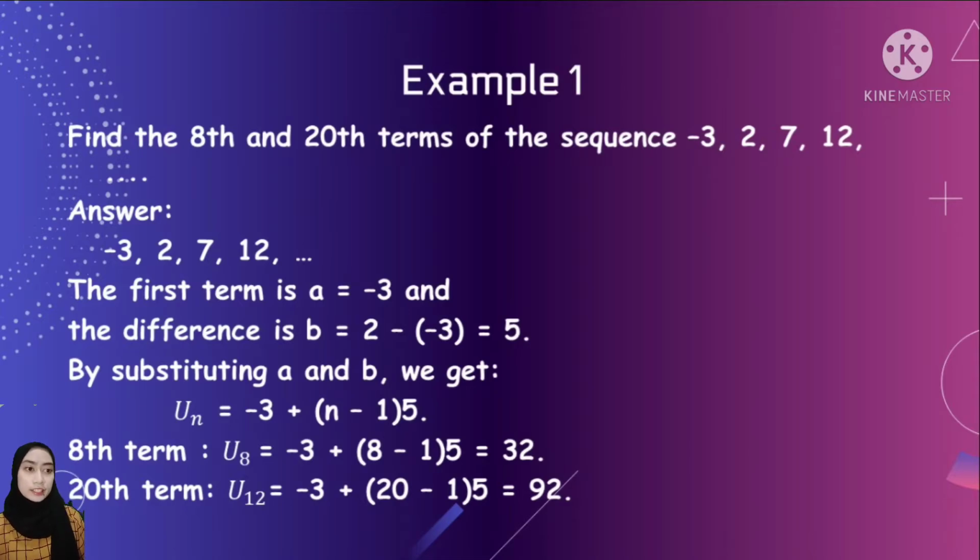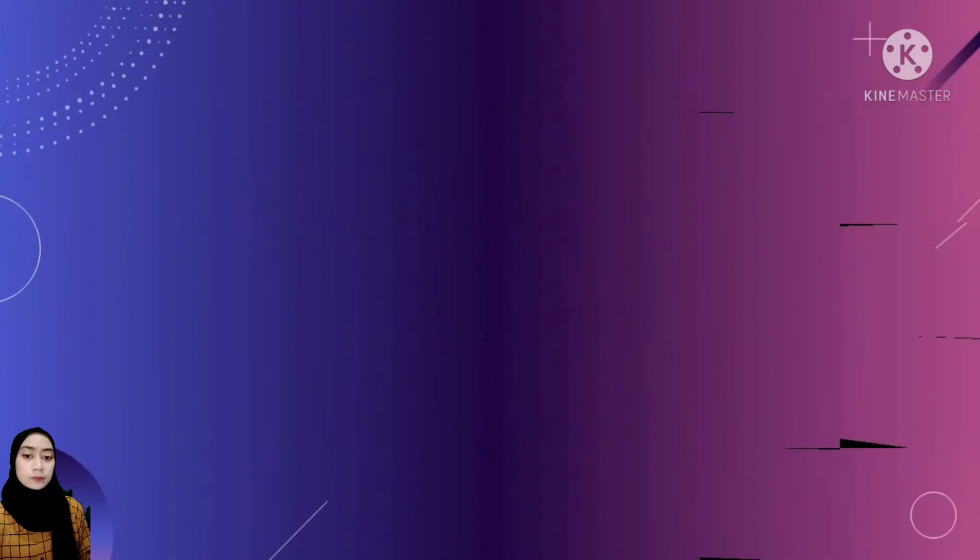By substituting a and b, we get Un equals minus 3 plus n minus 1, in brackets, times 5. 8th term: U8 equals minus 3 plus 8 minus 1, in brackets, times 5 equals 32. 20th term: U20 equals minus 3 plus 20 minus 1, in brackets, times 5 equals 92.